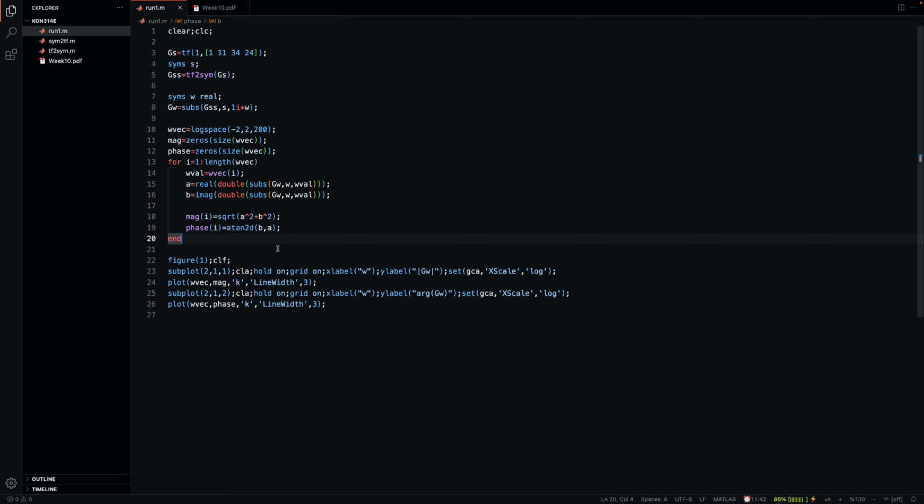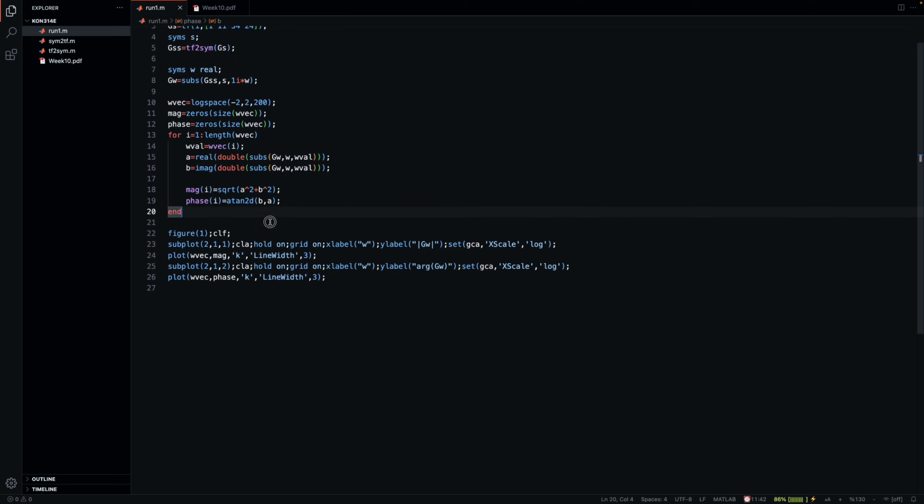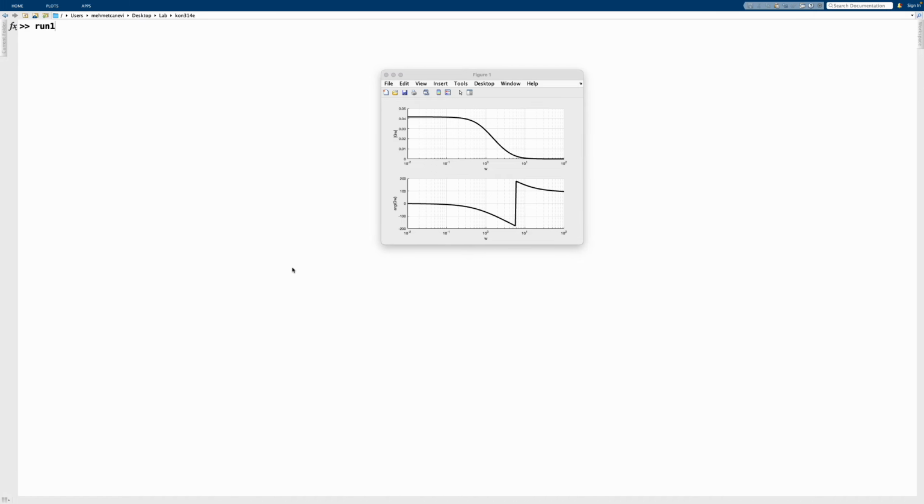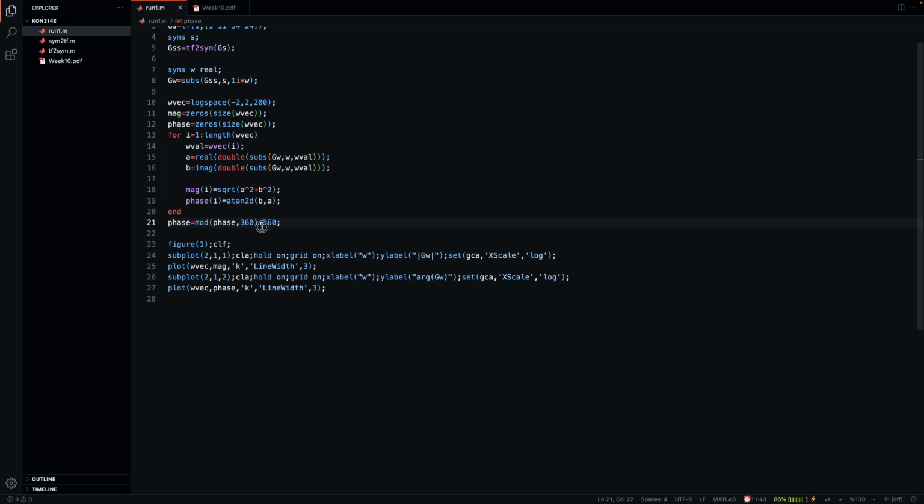Of course we have to fix this, and the way of fixing this is basically to equate this to, so we have to take the mod of phase 360 and then add, I guess, 360 or subtract it, I don't know, we'll see. Yeah, I guess we should subtract it.